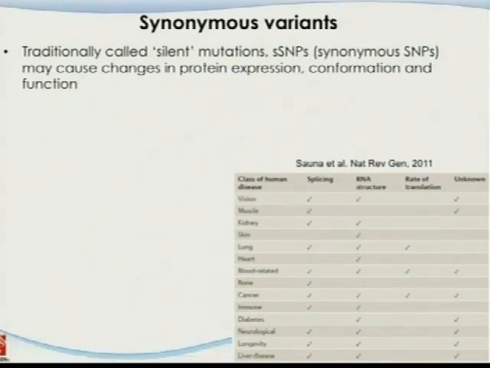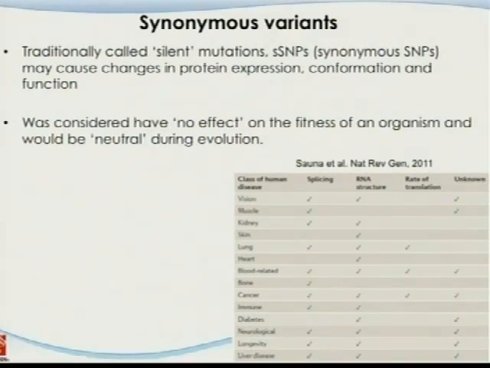In a couple of examples that Tatiana presented, there were filters based on the Southern genome filter, and they only focused on non-synonymous variations or splicing variations, not on synonymous variations. They are traditionally called silent, but they may cause changes in protein expression, conformation, and function.